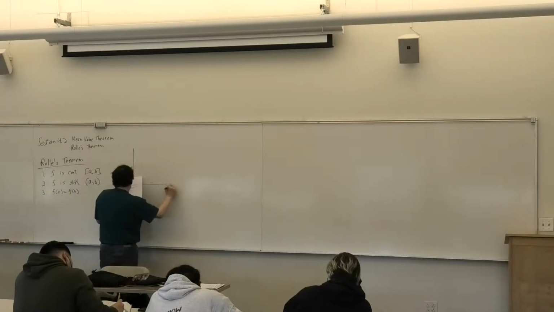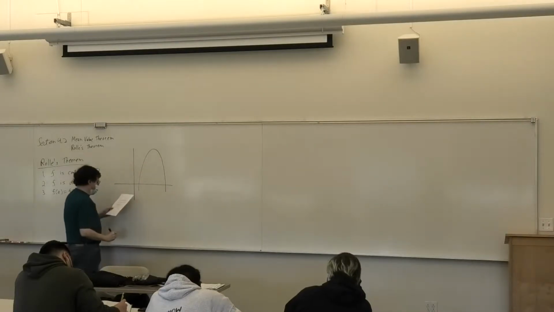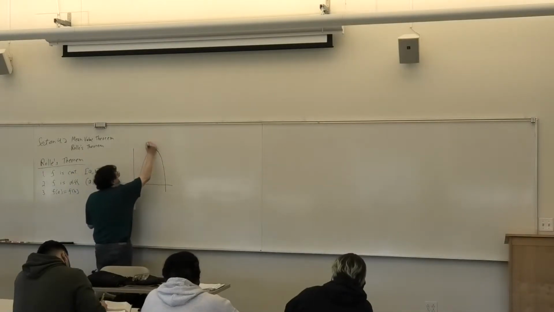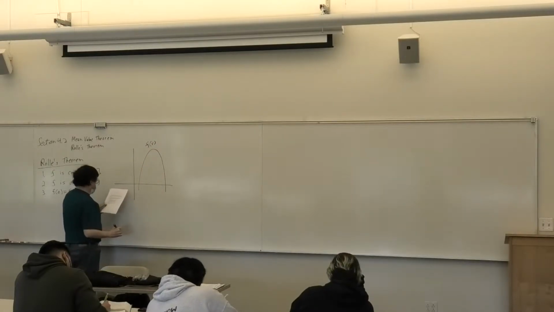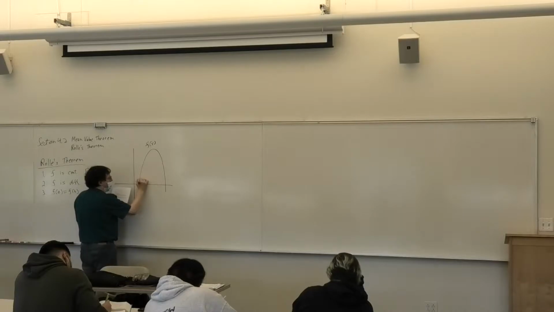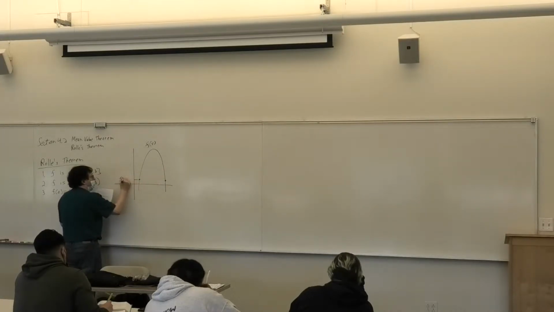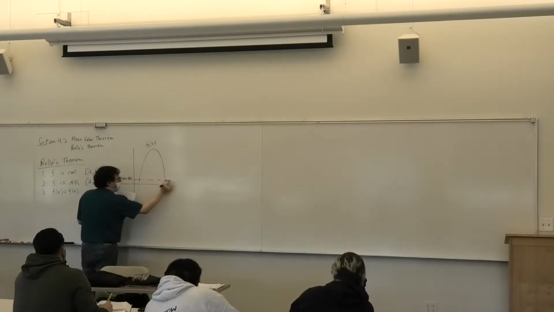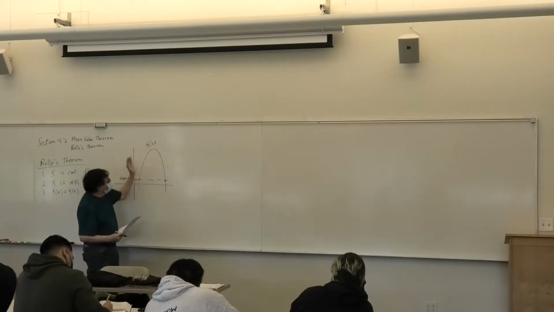So as an example of what this might look like, we might have some function. Doesn't have to be a parabola. It's got a point A and B, and f of A equals f of B. It's continuous and it's differentiable.